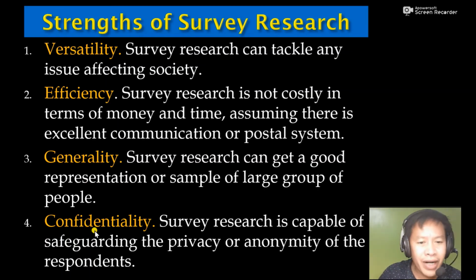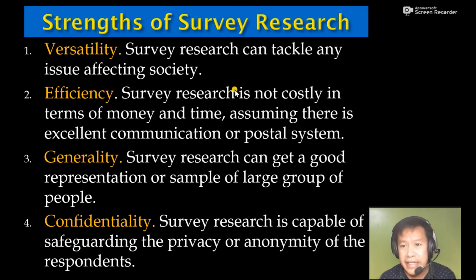And number 4 is confidentiality. Survey research is capable of safeguarding the privacy or anonymity of the respondents. Because if you are having the so-called survey research, most of the time it is not sensitive. Not like with qualitative research, sometimes it is sensitive.